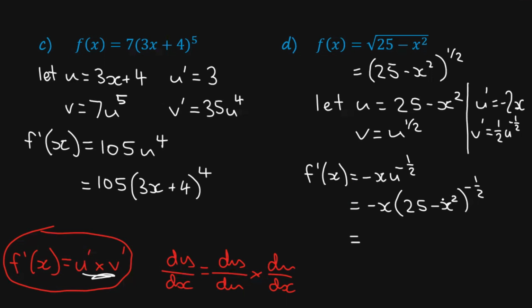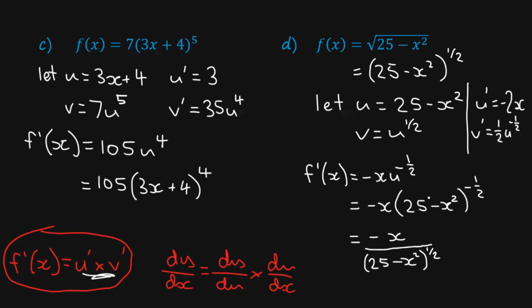And this is pretty close. We're pretty close to the end, but it's better to avoid having a negative power like that. So what I'm going to do is rewrite it like this. So it'll be minus x times 25 minus x squared to the power of negative a half. What I've just done there is dealt with that negative index.